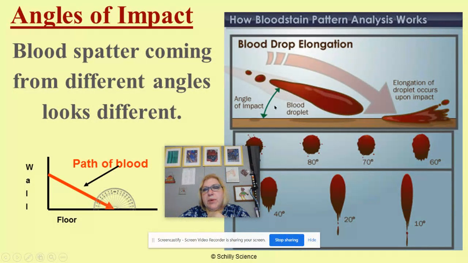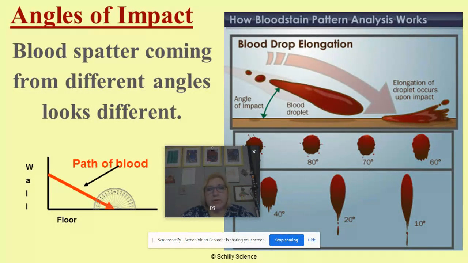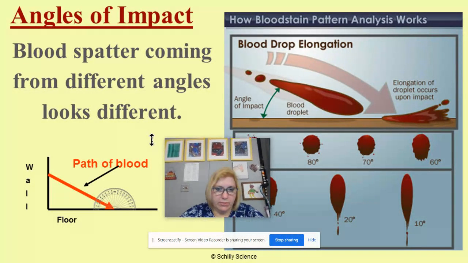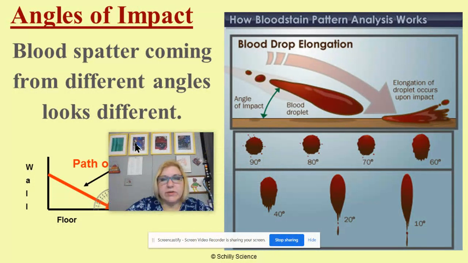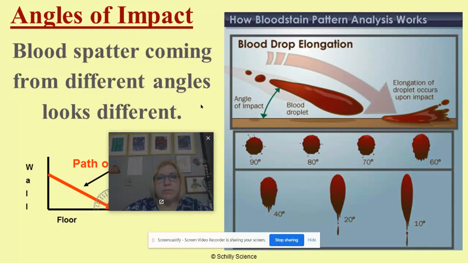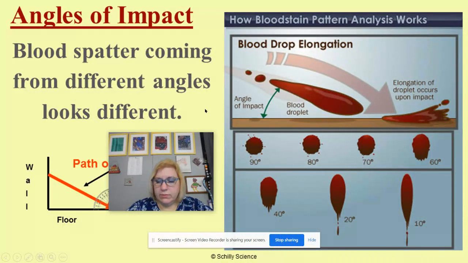If you're looking at the angle of the impact, you can use some good old-fashioned math and figure out exactly where that blood drop came from. If it was a 90-degree blood droplet, then it's coming from straight above. Depending on where you are, you can tell where the person was bleeding from by using some good old-fashioned geometry.